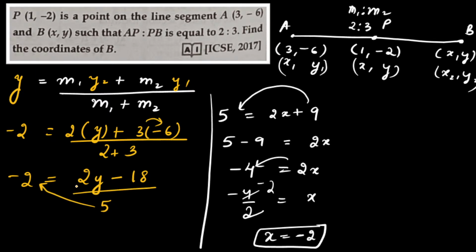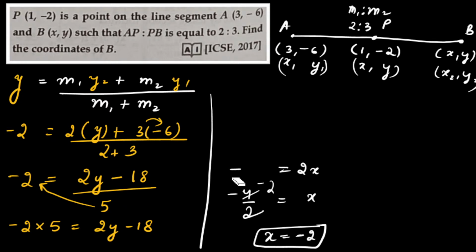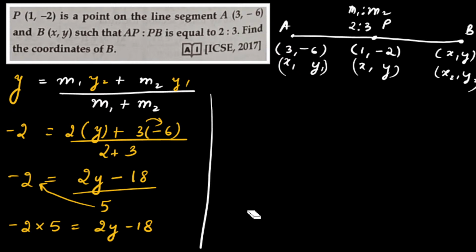Now this 5 will shift to other side. When we shift 5 to other side, it will get multiplied, as here it's getting divided. So minus 2 into 5 is equal to 2y minus 18. Now we'll just do the simplifications. So minus 2 into 5 is minus 10 is equal to 2y minus 18.